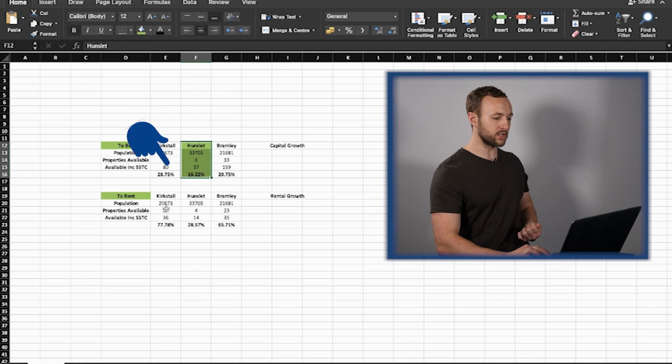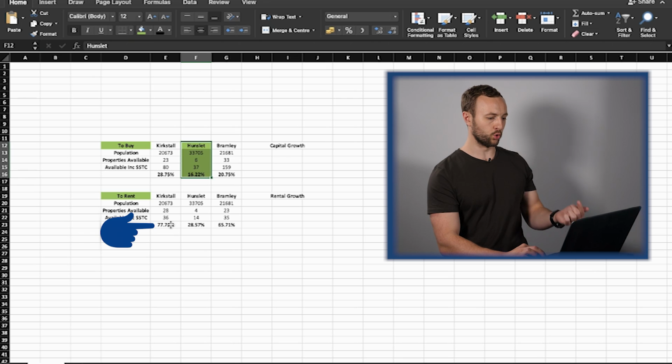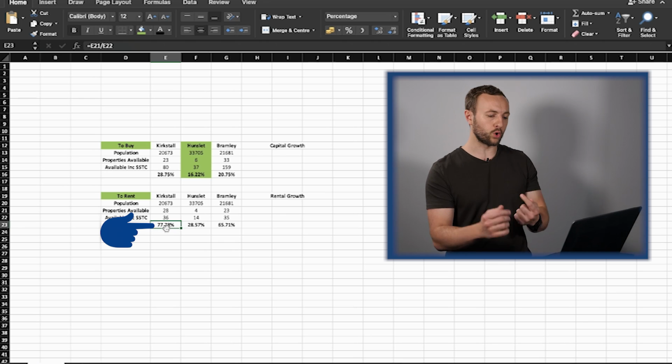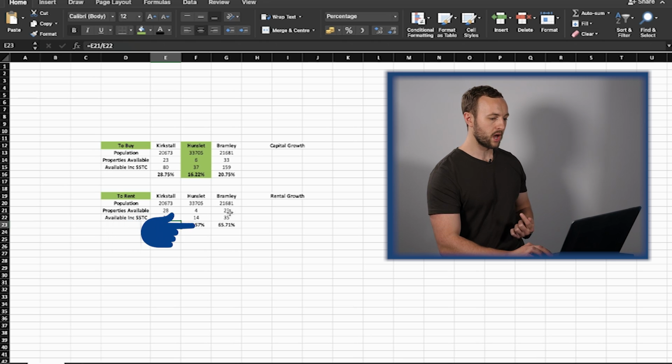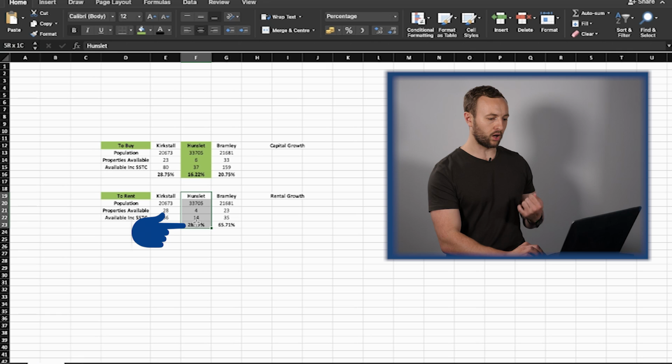If we look at the to rent, it kind of mirrors something very similar right now actually. So we've got Kirkstall with 77% of properties currently still available, which only means that 23% are rented. Remember, they do go off quite quickly, so that one's the worst. Bramley has 65% availability. And again, look at Hunslet.